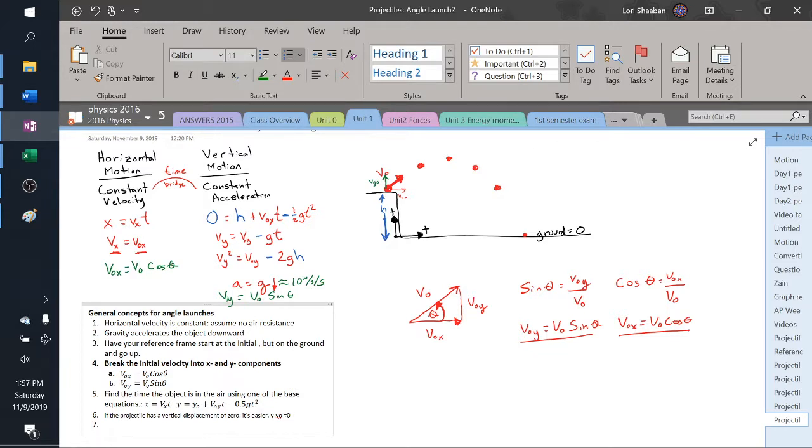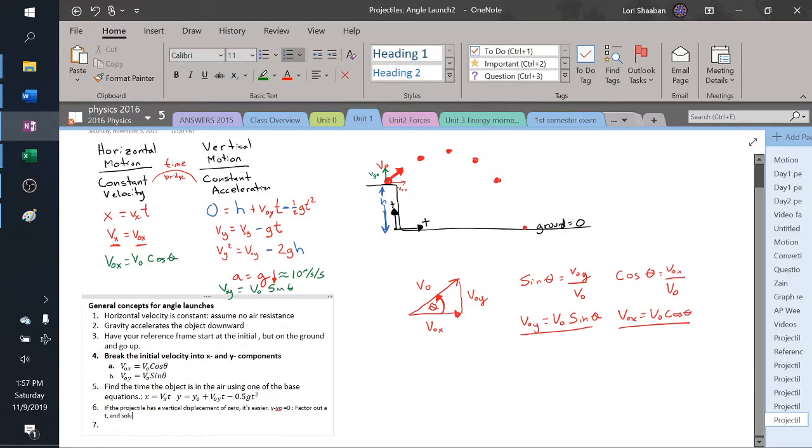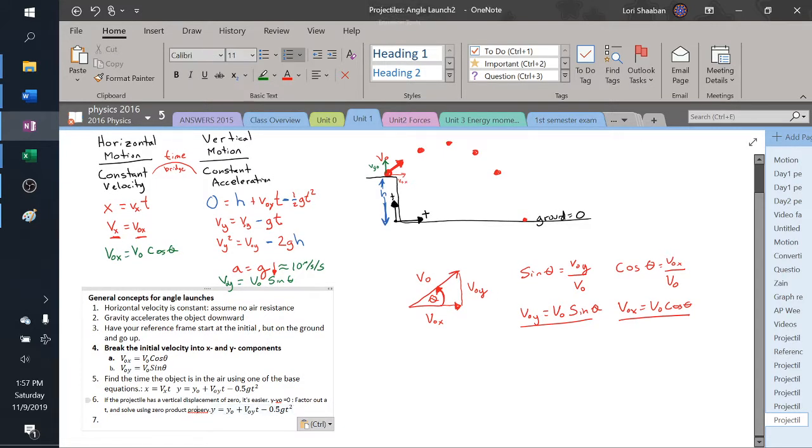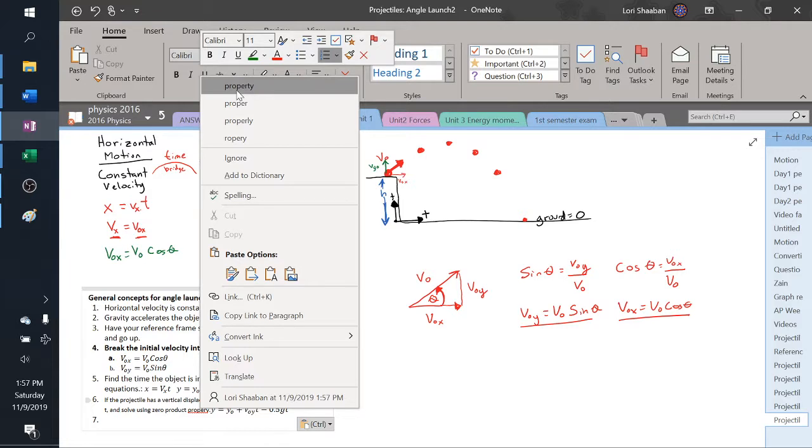So if that's the case, then you're going to factor out a t and solve using the zero product property, and I'm not going to do that right now. Okay, well, not the whole thing, just a touch.